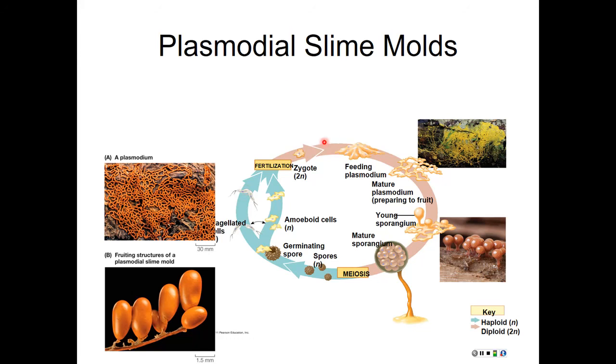So let's say in the life cycle we're starting out with one cell, and this is an amoeba-like cell, just by the way. And it divides and it divides and it divides, and you see we have many nuclei here, but we don't actually divide the cytoplasm. So we have this big multinucleate mass that can kind of move around its environment and feed.